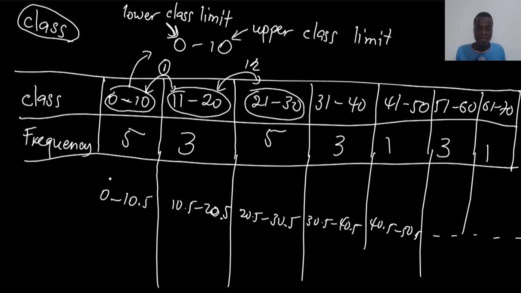I'm talking about the first class. We didn't do anything to the 0. And if you get to the end, you see that you have 60.5 to 70.